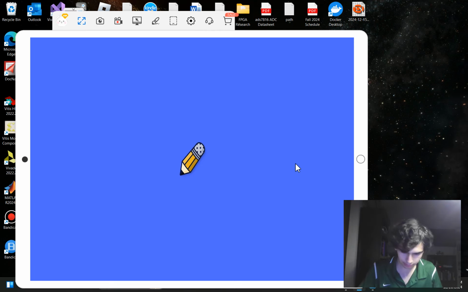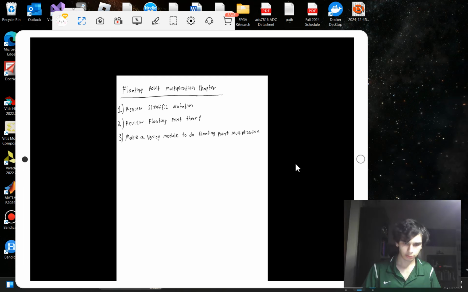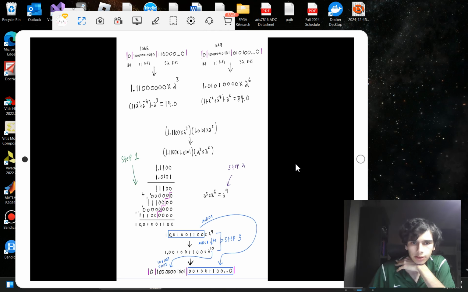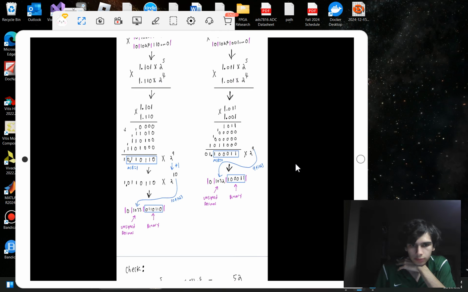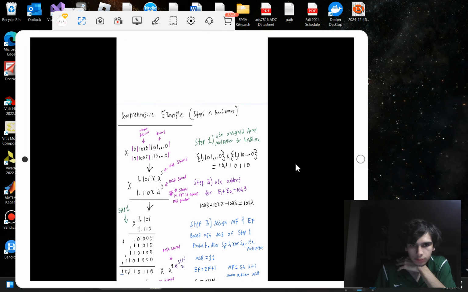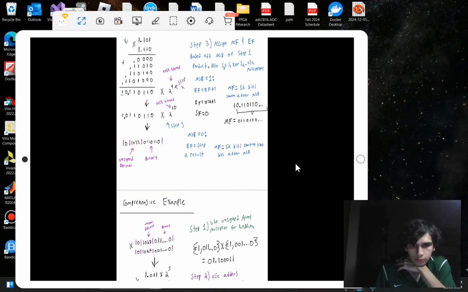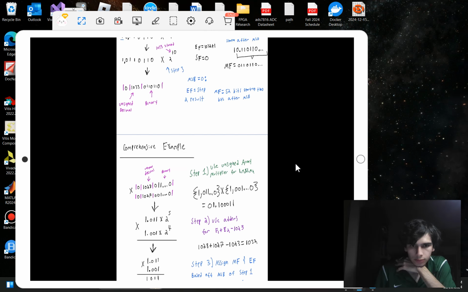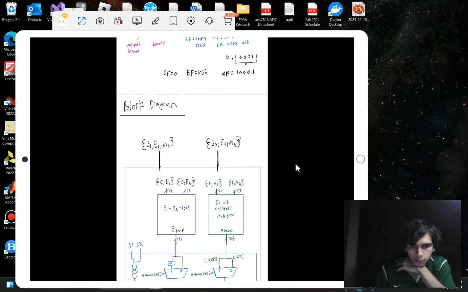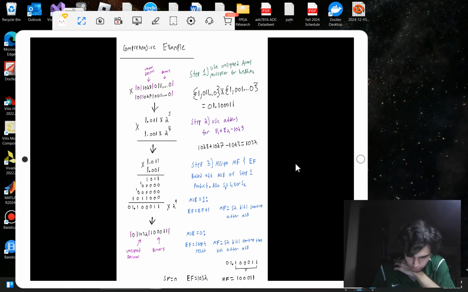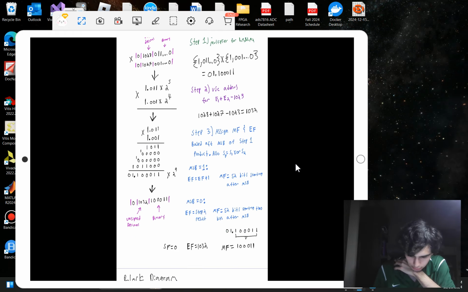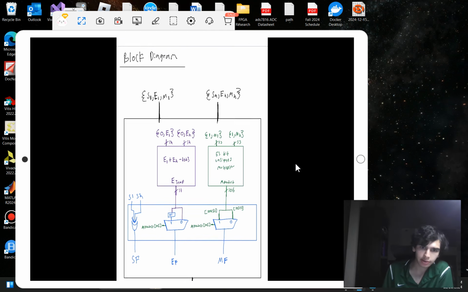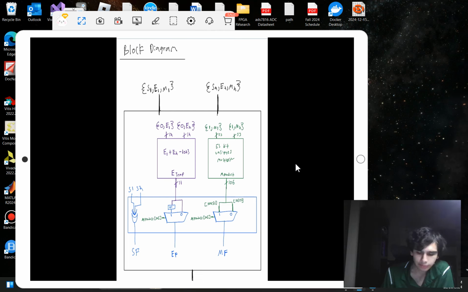It'll be faster that way. Yep, so there's all this. Hold on, let me find it. Okay. So this is the overall block diagram of the structure.